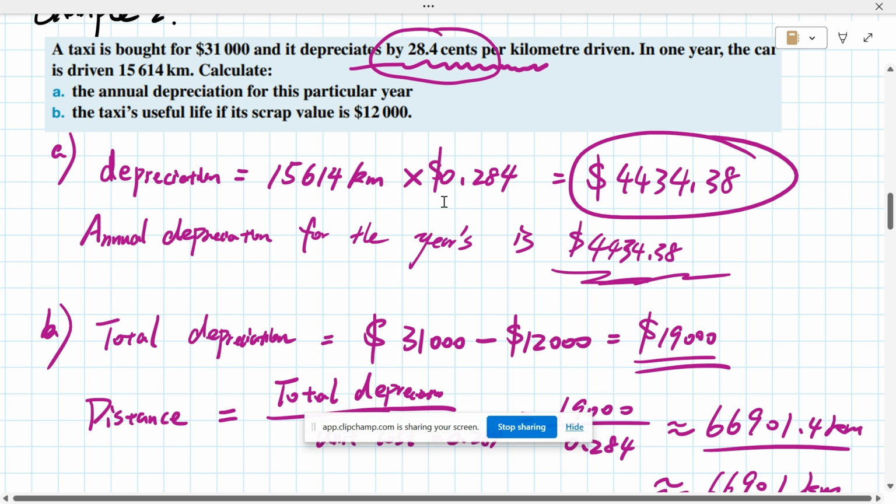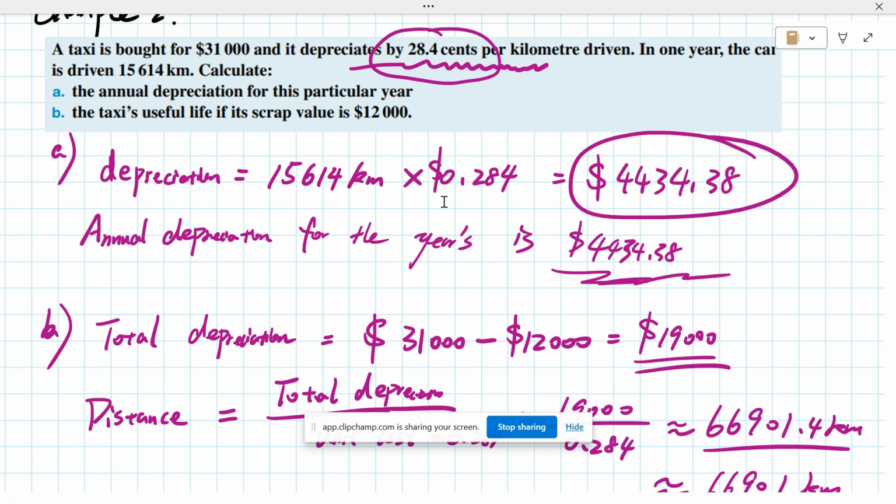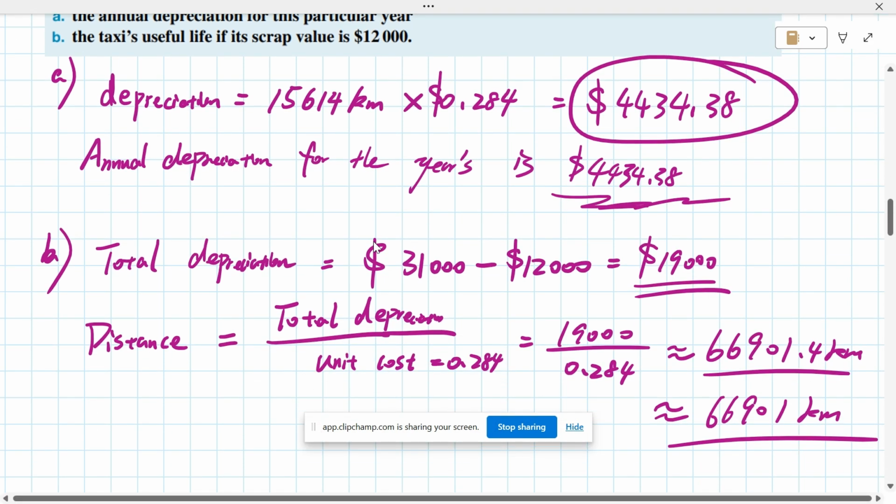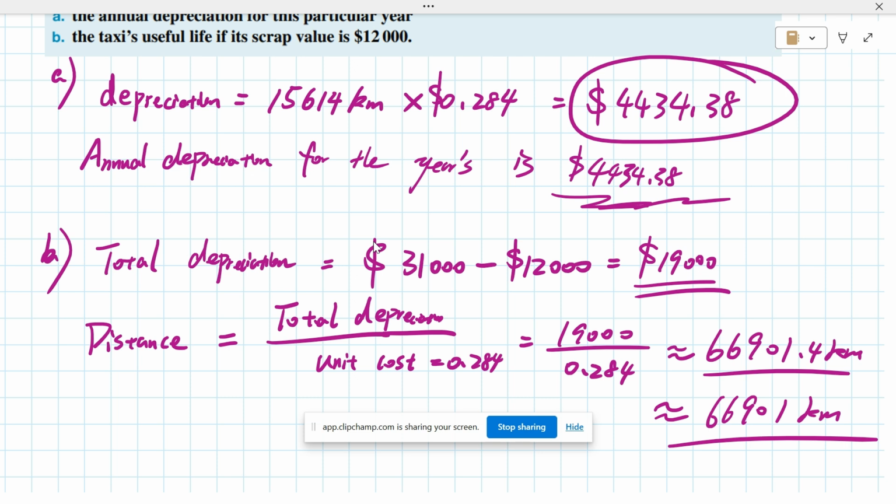Because it's the scrap value, which just means your useful life ends when the value reaches $12,000. So the amount being depreciated is $19,000. The distance is the total depreciation divided by the unit cost, which is 28.4 cents.